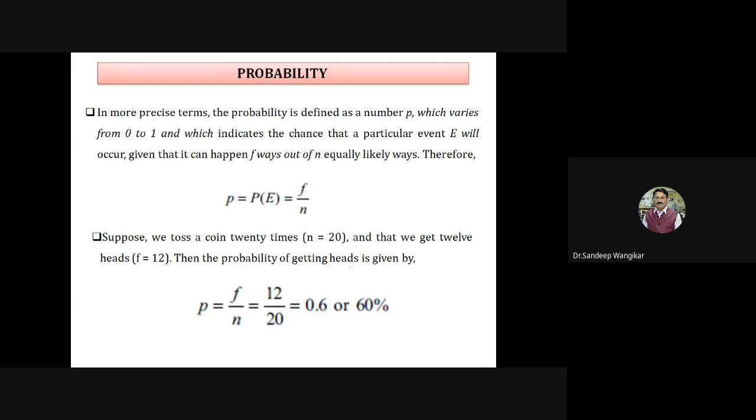So let us express these examples in terms of some mathematical formulas.